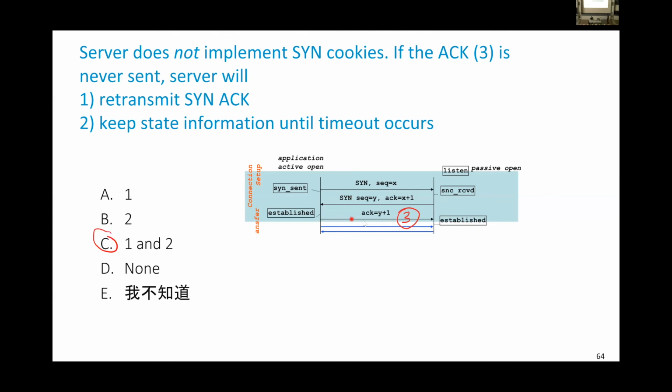So this ACK can be lost like any packet. And the ACK is ACKing the SYN ACK. So when I send a SYN ACK, it's like any packet that I'm sending, in fact, I am forced to do everything we do to repair packet losses.